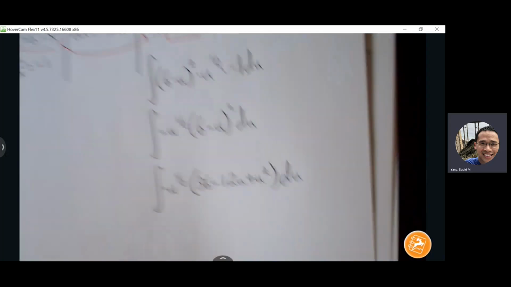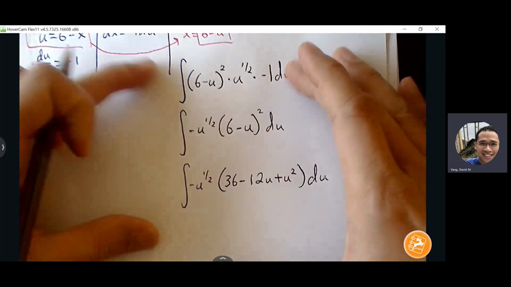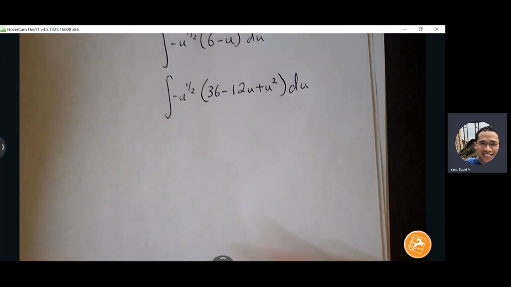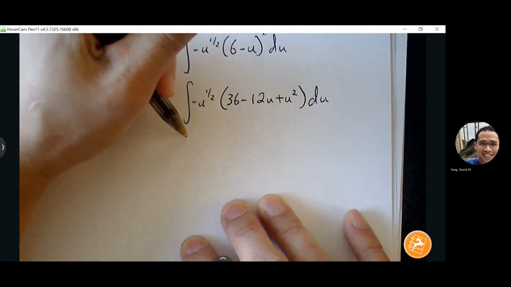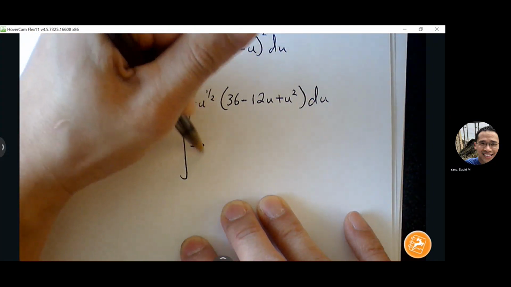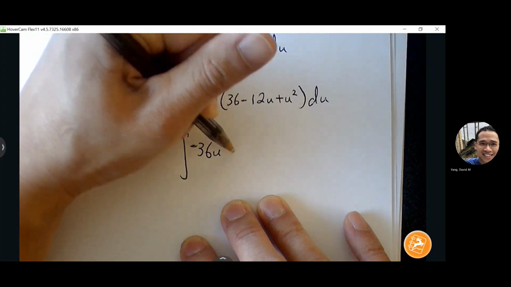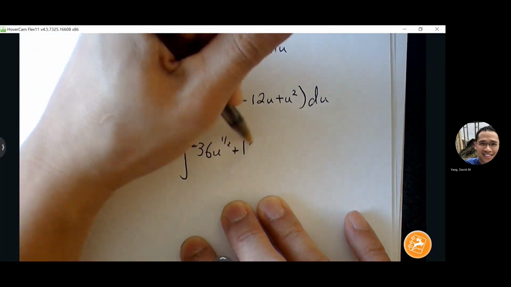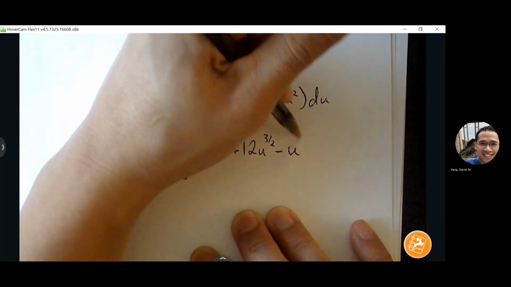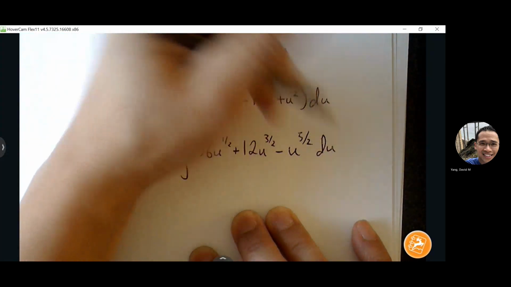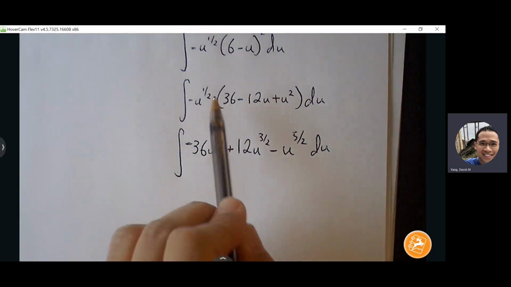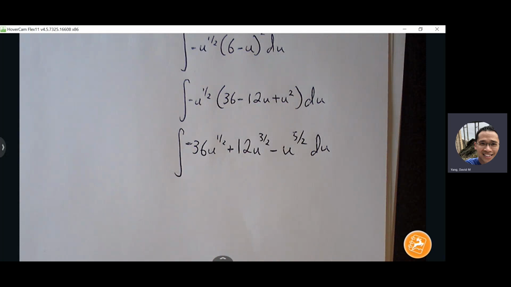We're still holding on to all these integral notations because we haven't gotten to the point where we can do power rule just yet, but after the next step, we'll be able to. Add exponents, 1/2 plus 1 is 3 halves, 1/2 plus 2 is 5 halves.